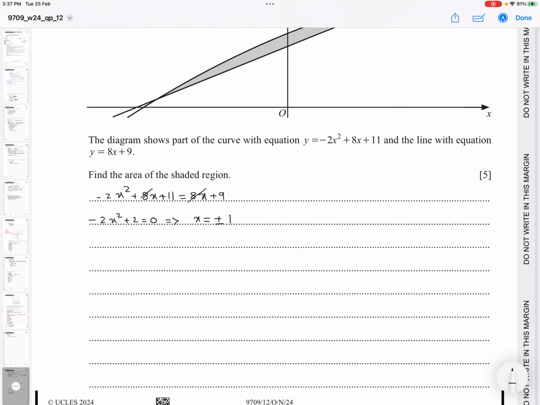Now you can integrate, you put the limits minus 1 and 1, upper curve minus lower curve. Your upper curve is minus 2x squared plus 8x plus 11 minus lower curve, so write it in the bracket, 8x plus 9, dx.